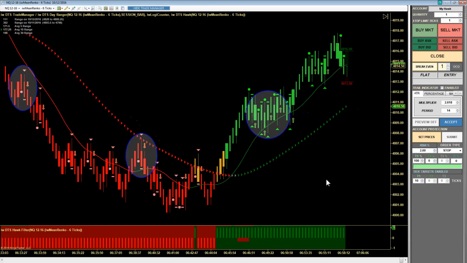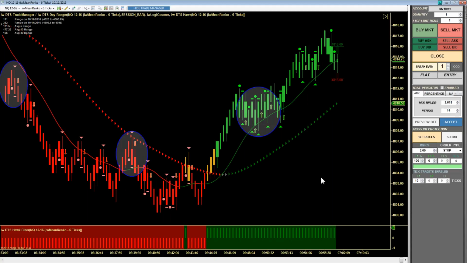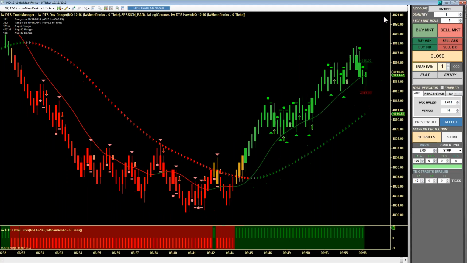All three high probability signals, all three hitting their profit objectives. So in spite of the market being kind of slow and sideways today, there are still some opportunities to be had.